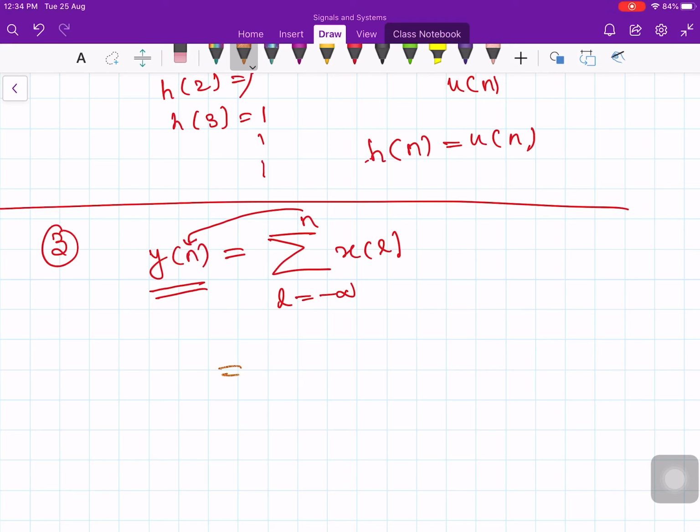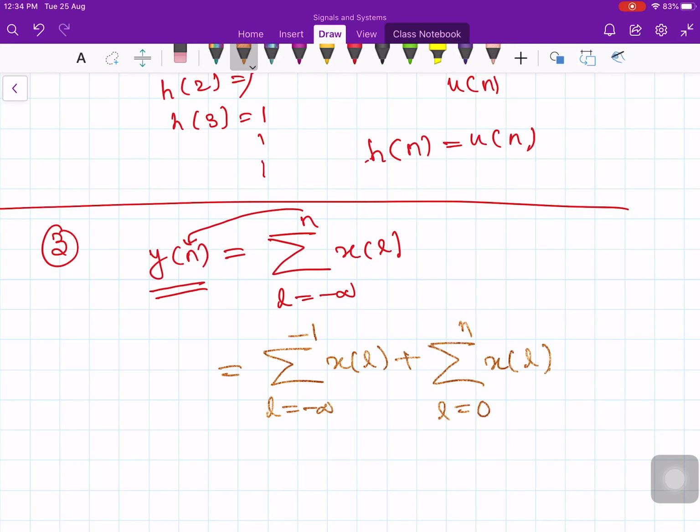Let us say L goes from minus infinity to minus 1, x of L, plus sigma L equals 0 to n, x of L, like this.